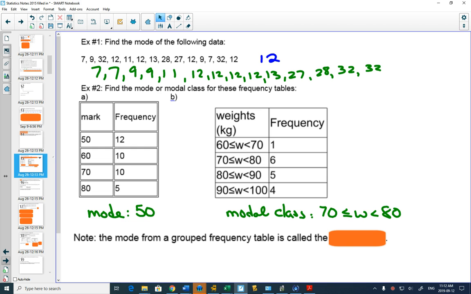So the mode from a grouped frequency table is called a modal class. I find the easiest way to remember the definition of mode is it happens the most. Mode, most. Yeah? Could work.